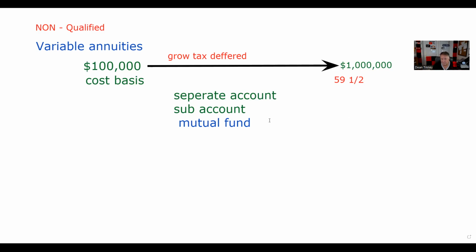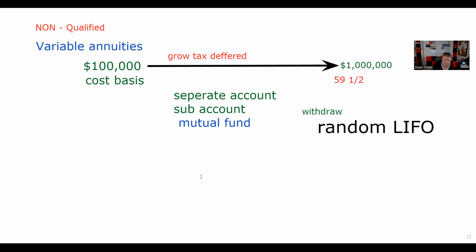So now you're saying, Dean, I would like to withdraw some money. I say, well, what do you want to do? You say, well, Dean, send me the $1 million that I've already paid taxes on. So when you do a random withdrawal, I say, no. Very testable, it's LIFO: last money in, first money out.